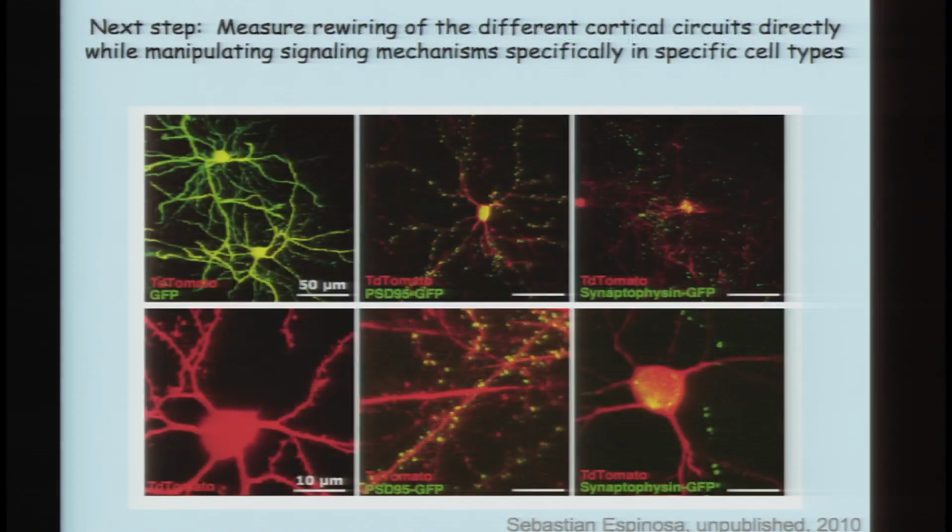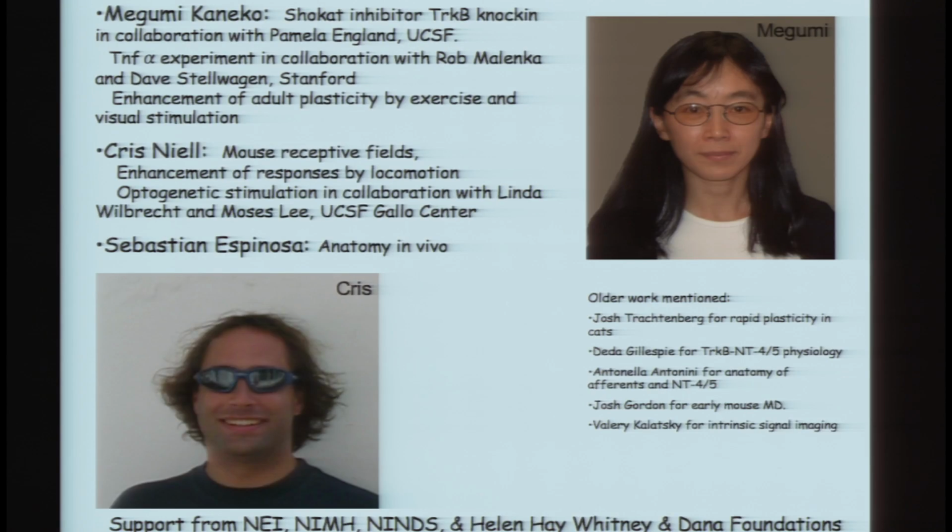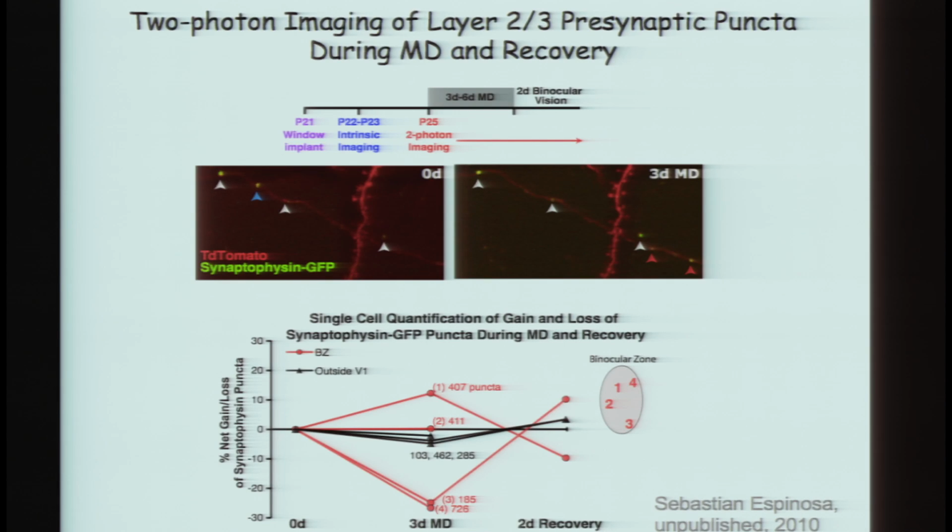And we've taken advantage of the Allen Institute AI-14 mice to label neurons, in work that Sebastian Espinosa did, and in the same neurons label either their postsynaptic densities by co-labeling the cells with PSD95, or labeling their presynaptic terminals, and then following these in 2-photon microscopy over days.